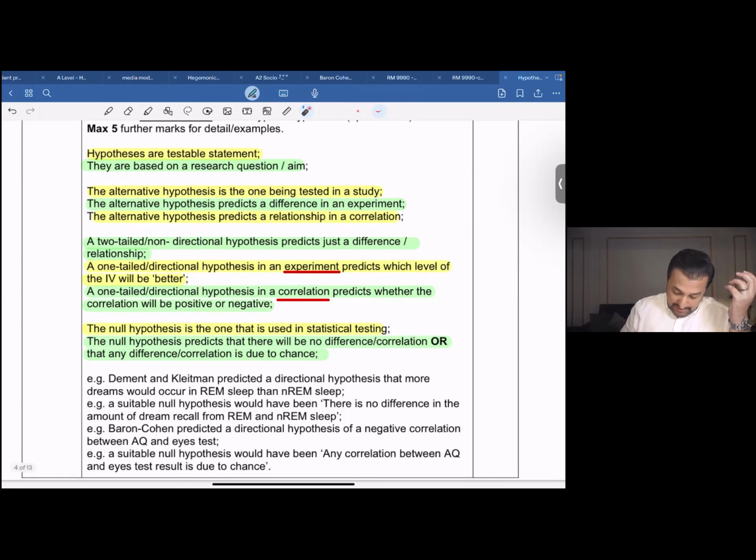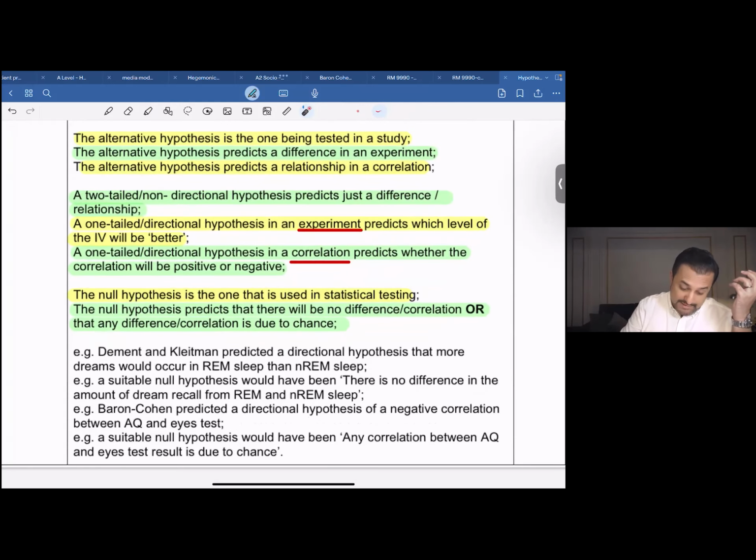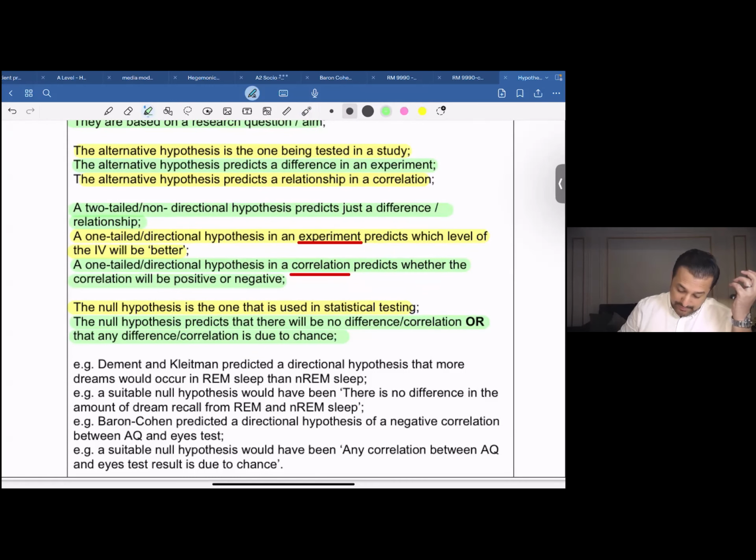Now, taking this ahead, an example. Dement and Kleitman predicted a directional hypothesis that more dreams would occur in REM sleep than NREM sleep. More dream recalls, to be more specific. A suitable null hypothesis would have been that there's no difference in the amount of dream recall from REM and NREM sleep.